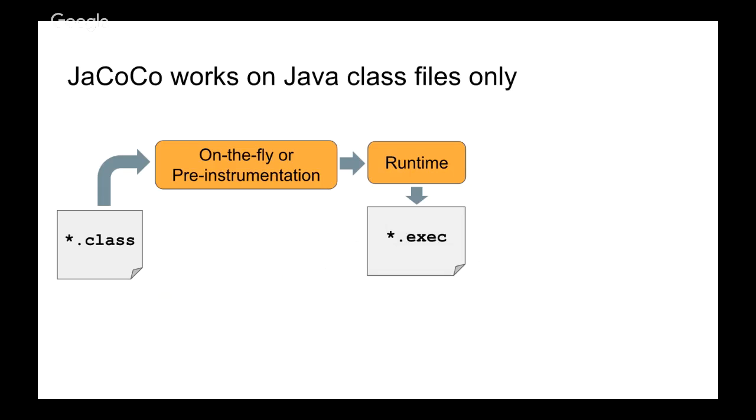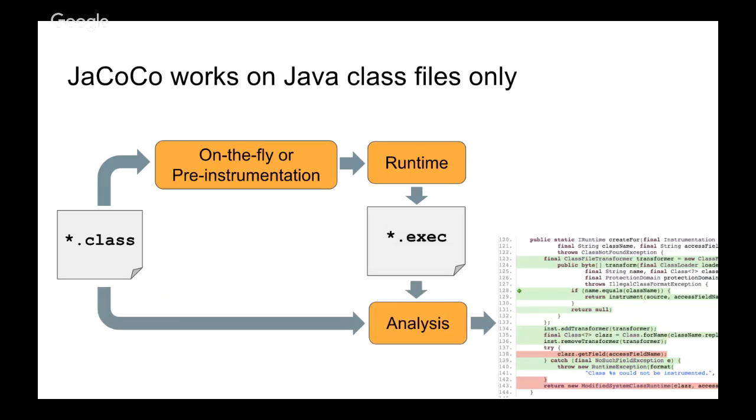And at runtime, there's a JaCoCo runtime, which also records these Boolean arrays we've seen before. It writes so-called exec files. It's a proprietary JaCoCo format where the probes which have been executed are recorded. They tend to be really small.